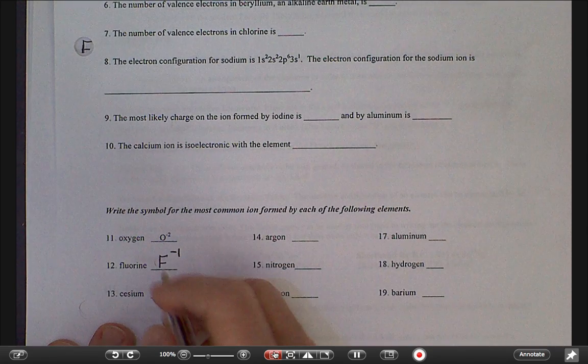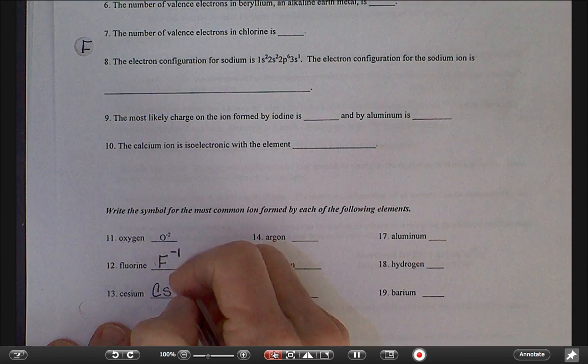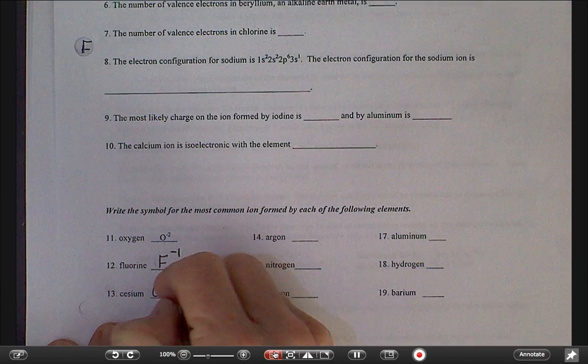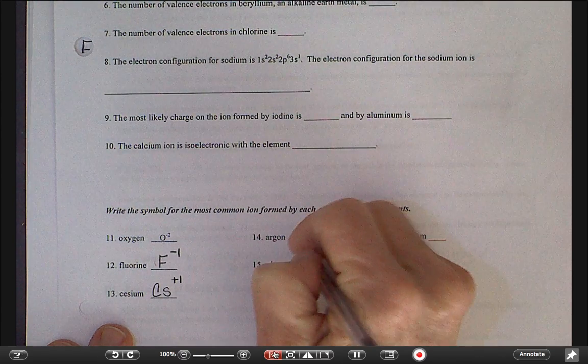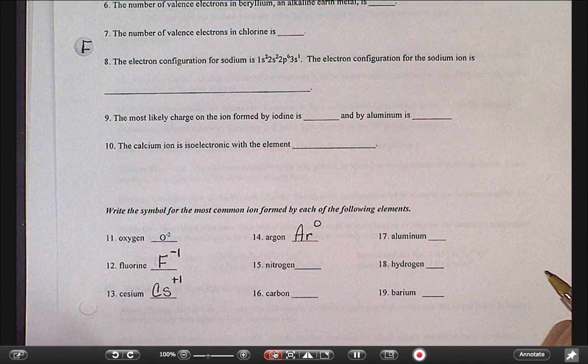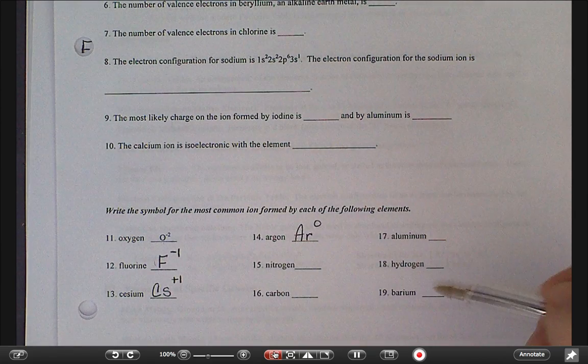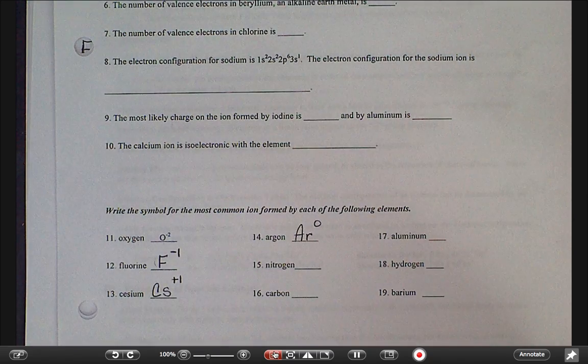Cesium is a group 1 metal. Symbol is Cs. So its ionic charge is +1. Argon is Ar. And it has no ionic charge. And now I'm going to let you finish doing the rest of them. So that's it.